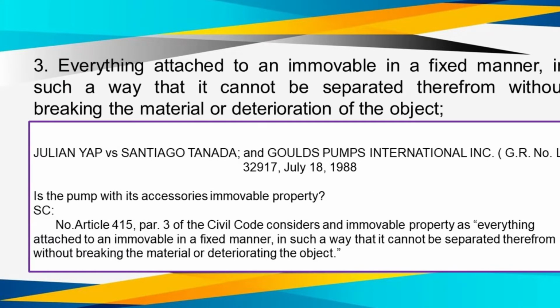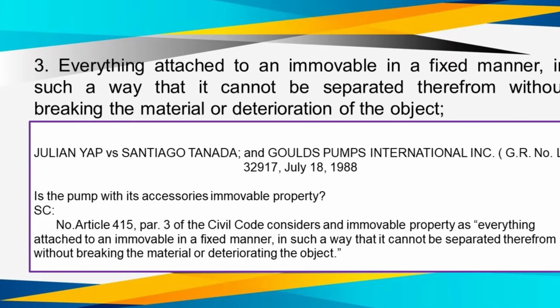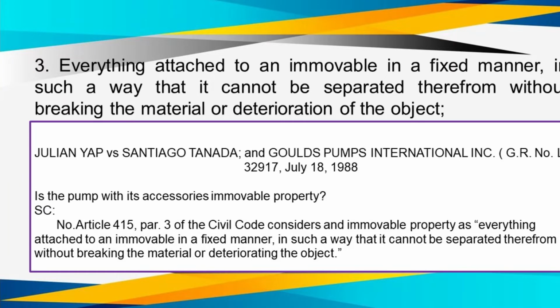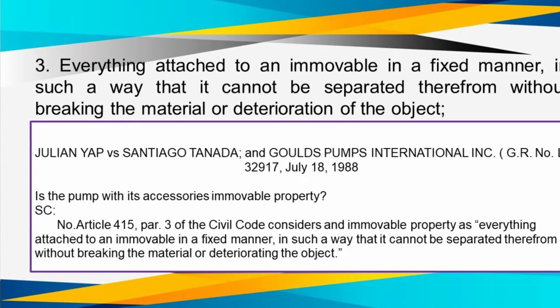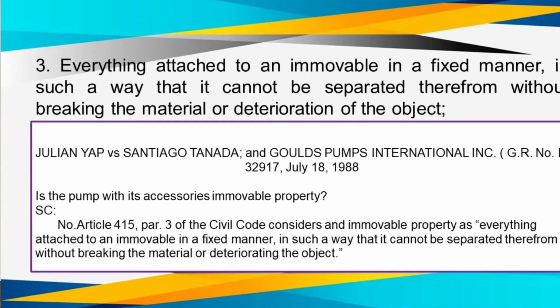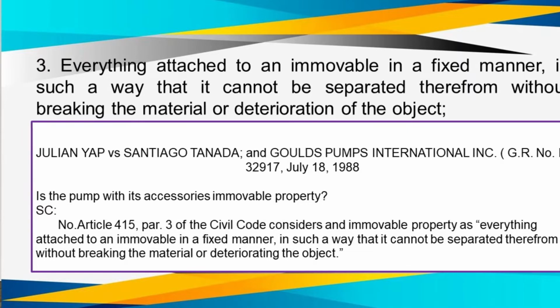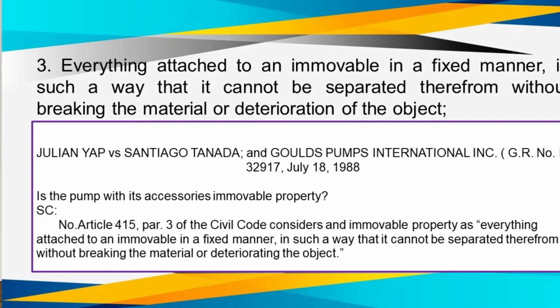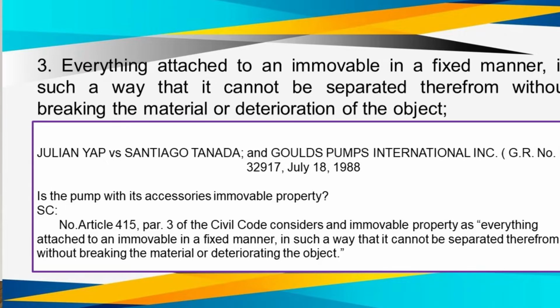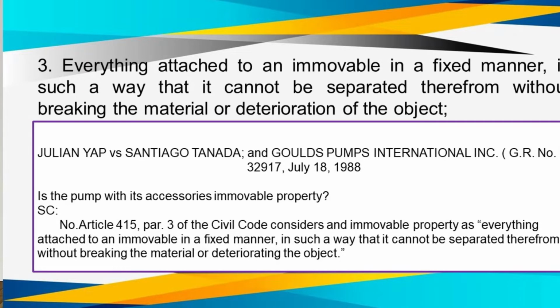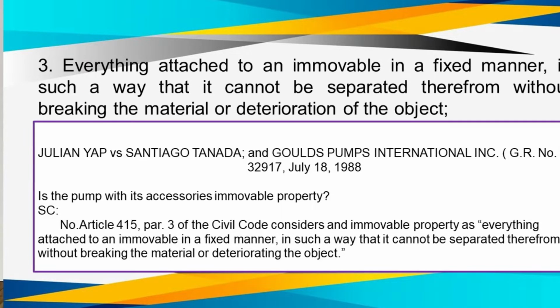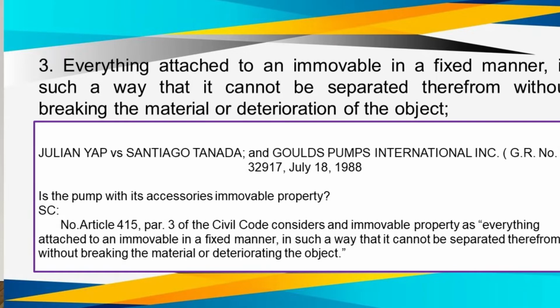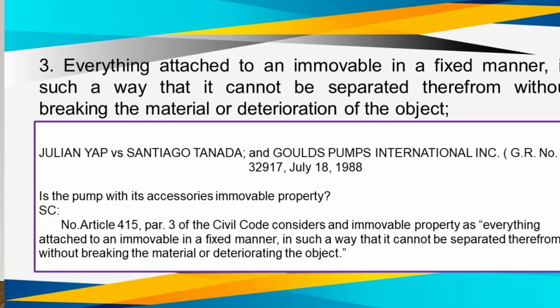The answer is no. The Supreme Court said, Article 415, Paragraph 3 of the Civil Code considers as immovable property everything attached to an immovable in a fixed manner, in such a way that it cannot be separated therefrom without breaking the material or deteriorating the object.